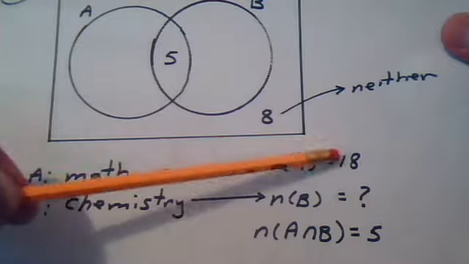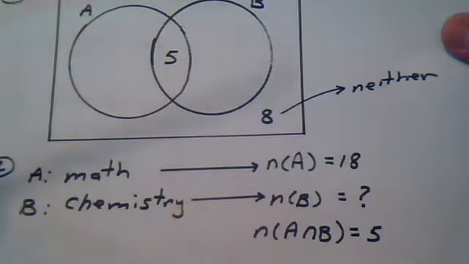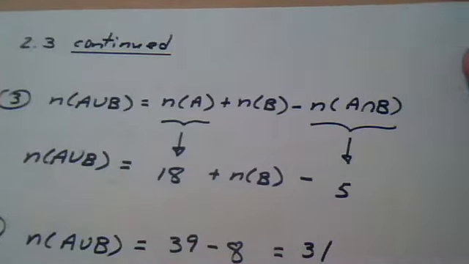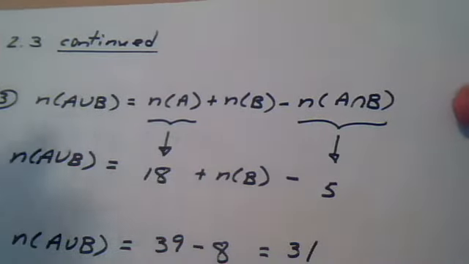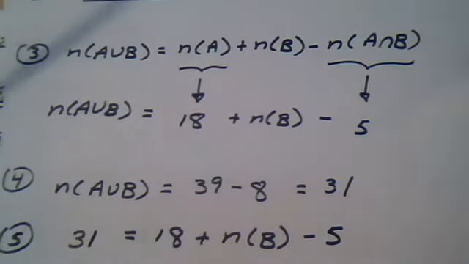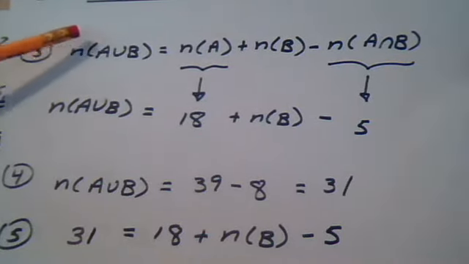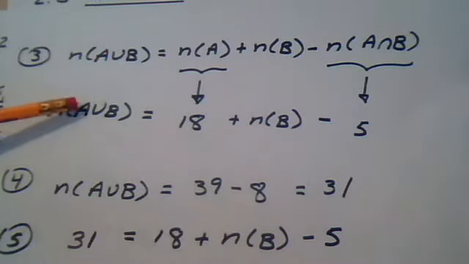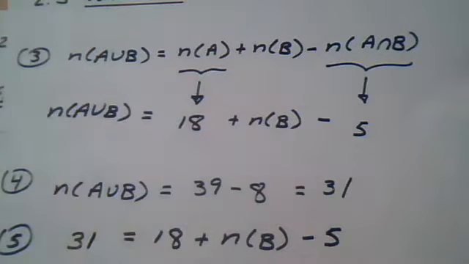Now these numbers that you see here, we're going to put them into the formula. Start filling out the formula. So with the information we have so far, we could fill in the formula this much. We don't know how many are in either A or B or both, so we leave this one alone. We just copy it again.